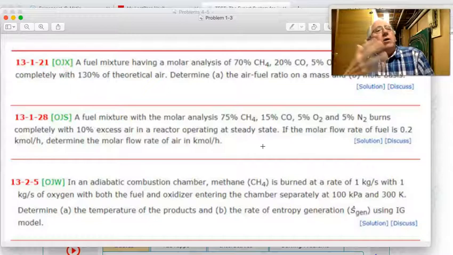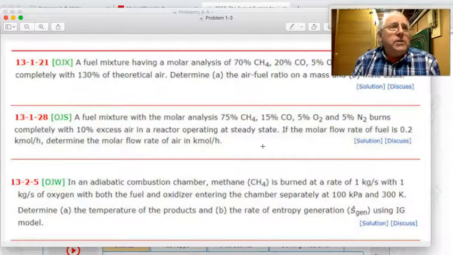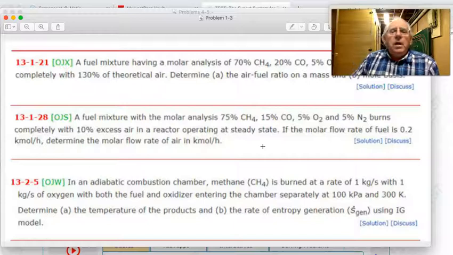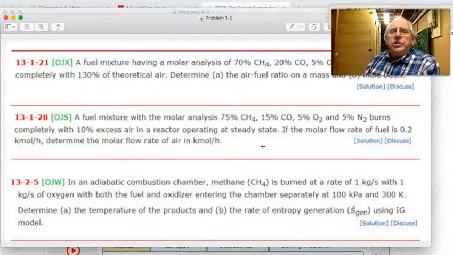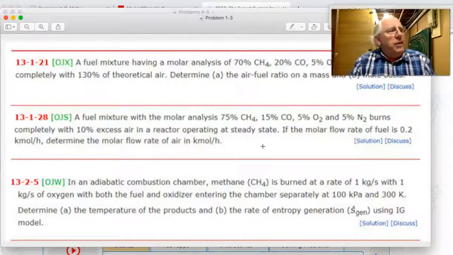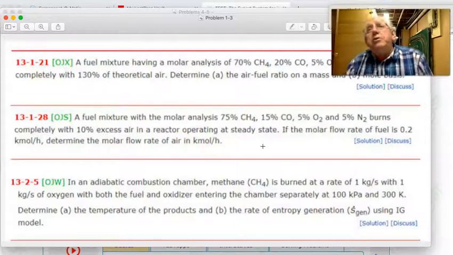Now, in this case, though, we have to realize that the fuel is comprised of a number of different components. You'll see in this particular case there were no calculations asked in terms of how much heat release, what was the adiabatic flame temperature, or anything else.